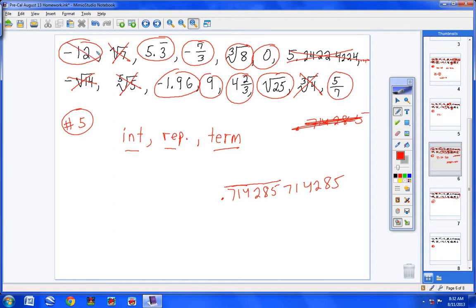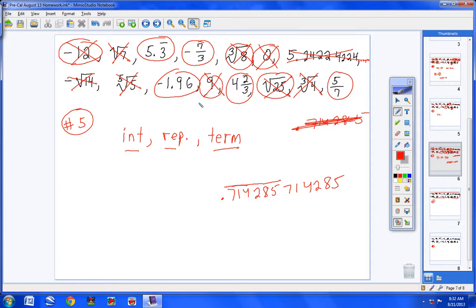Well, this is an integer, so I don't want that one. This is an integer, so I don't want that one. This is an integer, so I don't want that one. This is, cross it off. Square root of 25 is an integer because it's 5. Cross that off. So, the numbers I would have that are rational, but they're not integers, would be these numbers I have circled.